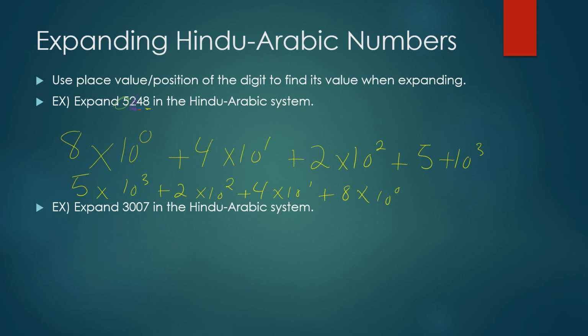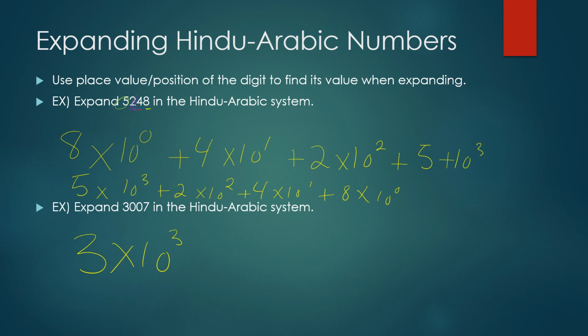Let's suppose we have 3,007. Well, we know that 3 is in the thousands place, so that's going to be 3 times 10, thousands being represented by 10 cubed. Now, 0 is in the place of the hundreds and tens. So we could write 0 times 10 to the second plus 0 times 10 to the first, but it's not necessary.